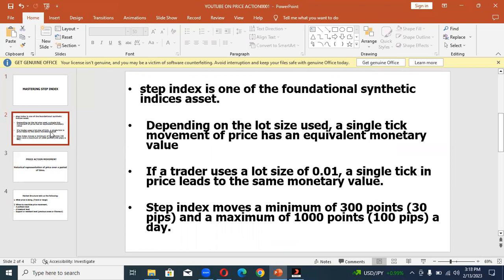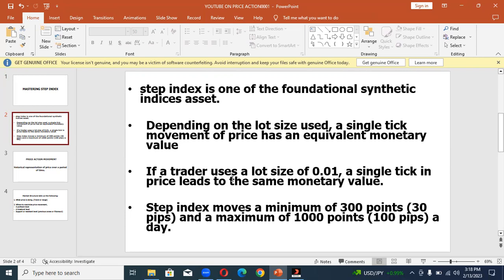Okay. Now, step index was designed to function very uniquely, such that the lot size that you use in trading will give you the equivalent monetary value. All right. So for every pip movement, or for every tick movement that it gives, it will give you the same monetary value.